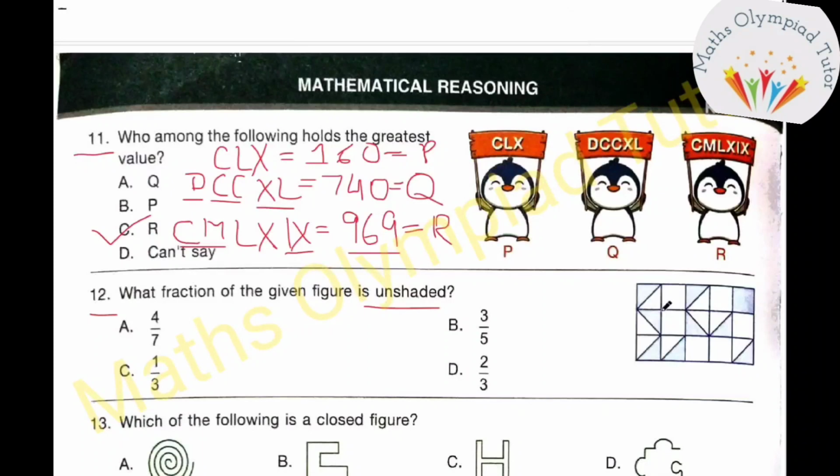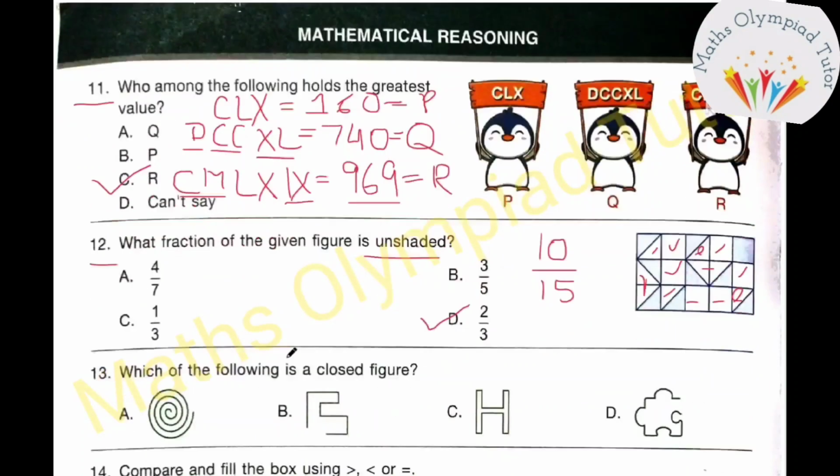So let us count how many parts are unshaded. 1, 2, then these 2, 3, and this 4, 5, 6, 7, 8, 9, this part and this part 10. So there are 10 unshaded parts out of total 15 parts, 15 squares. 10 are unshaded squares out of 15 total squares. So the fraction here is, when we reduce this by the table of 5, we'll be getting 2/3, which is option D here. So we'll select this.